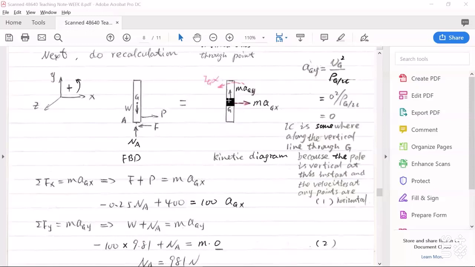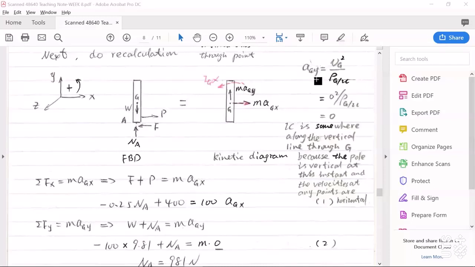Now, we can't easily relate AGX to alpha. We just assume both unknown AGX and AGY are positive.